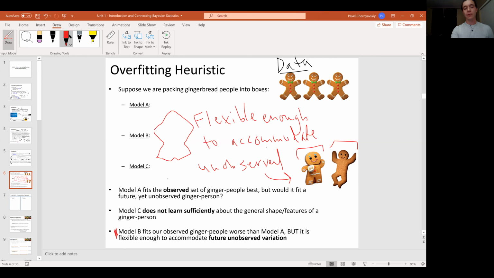So what's the takeaway? Model A overfits. Model C underfits. Model B is just right. And I know I'm doing a lot of arm waving right now.